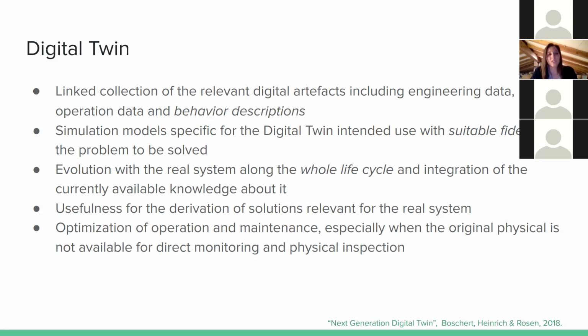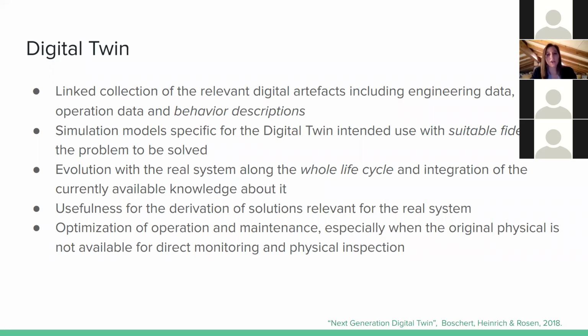Secondly, the simulation you make on the digital twin should be of use for the real asset, meaning the physical object. So they have to be of some suitable fidelity for your problem to be solved. They cannot be any kind of simulation. Now, what is a suitable fidelity is definitely a relative thing, and you may define that depending on the application.